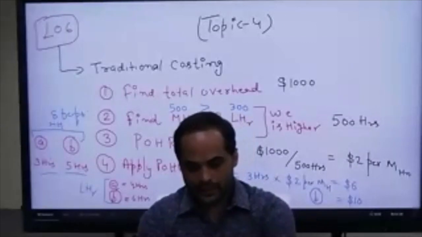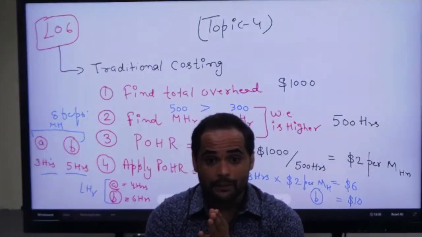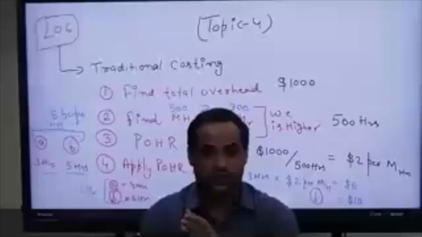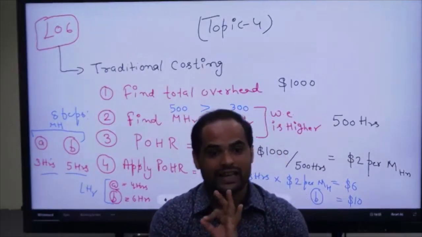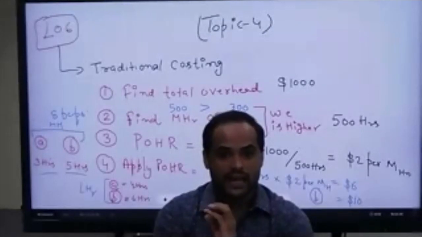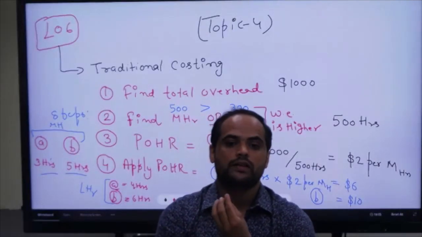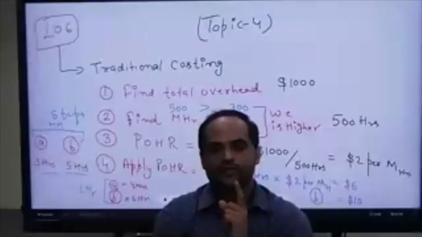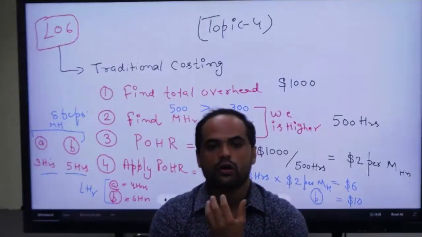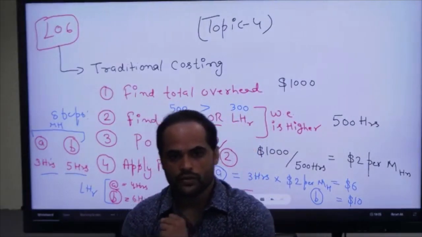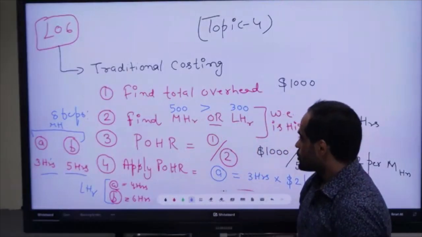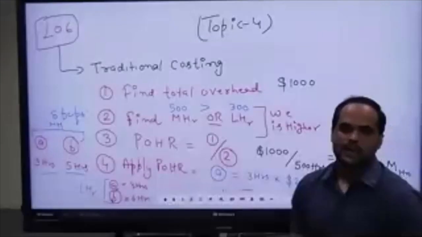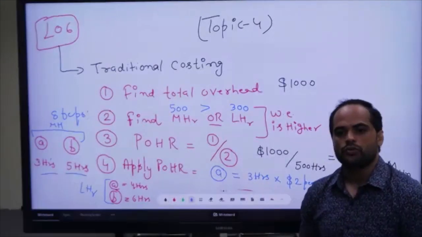POHR is a rate that helps us to allocate total overhead to single products. In simple words, with the help of this rate, we estimate what will be the indirect cost of a single product or a particular product, right? So the formula for the rate is step 1 divided by step 2.